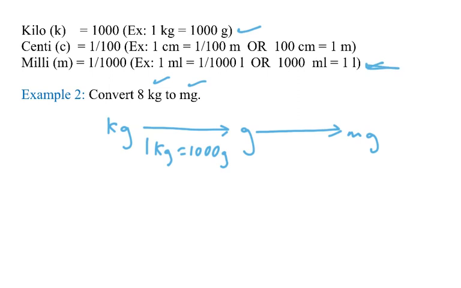And this line, I'll reemphasize it here, is telling me that remember, you can change out the base unit, that 1 gram is 1,000 milligrams. Now let's build our chain of fractions based on this chain of units. So we're starting with 8 kilograms.